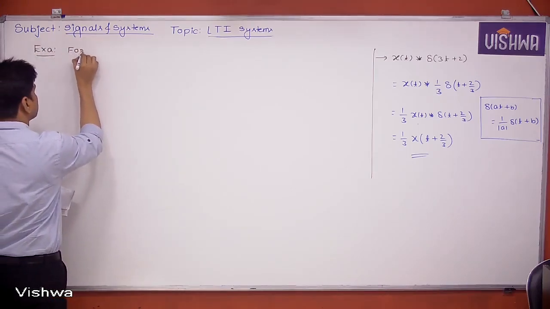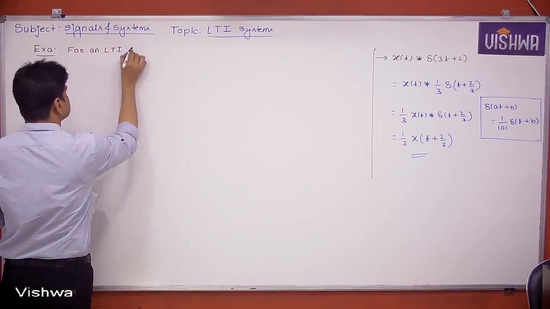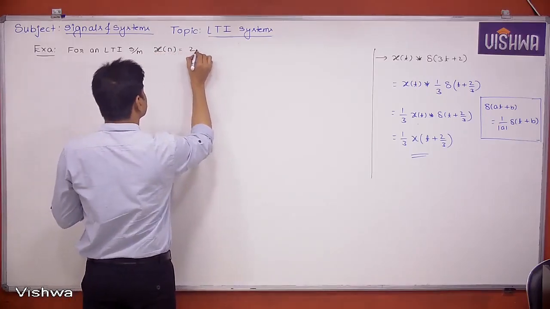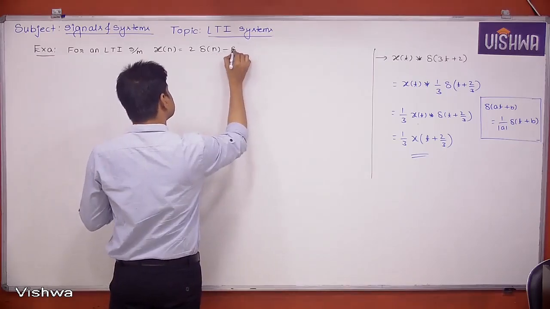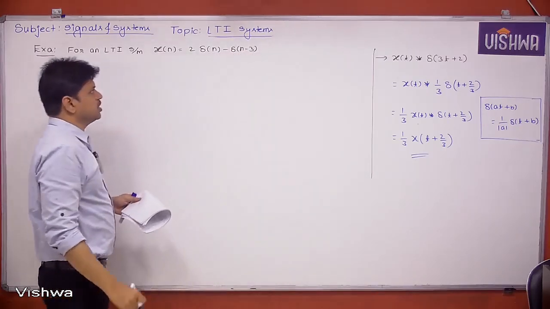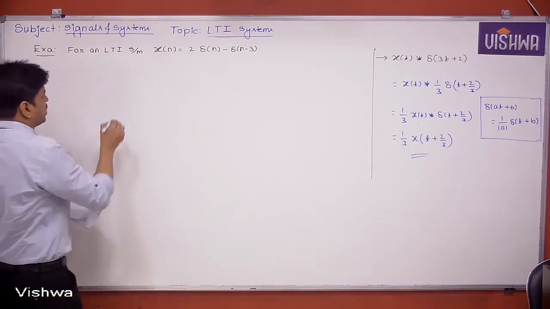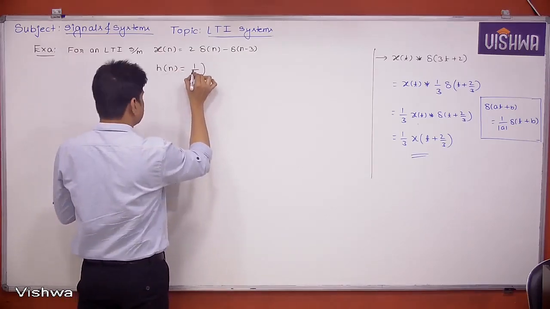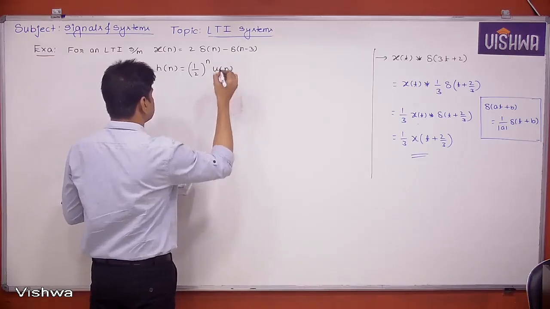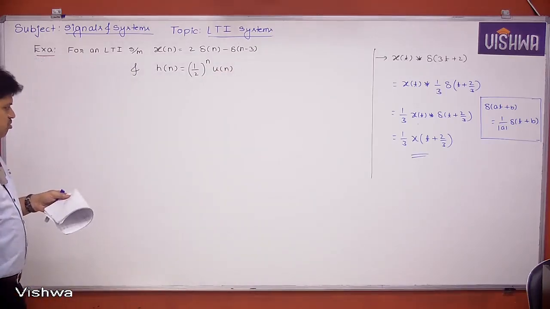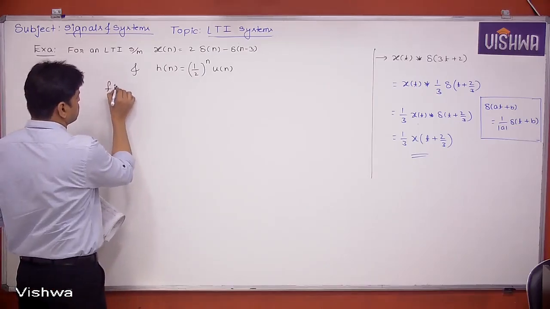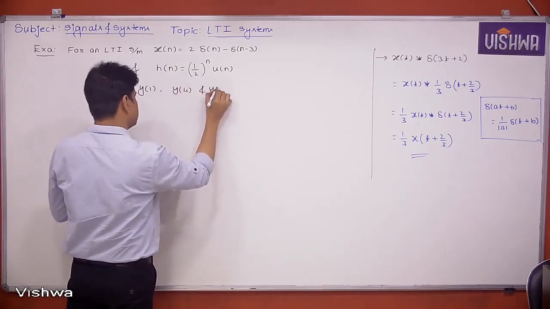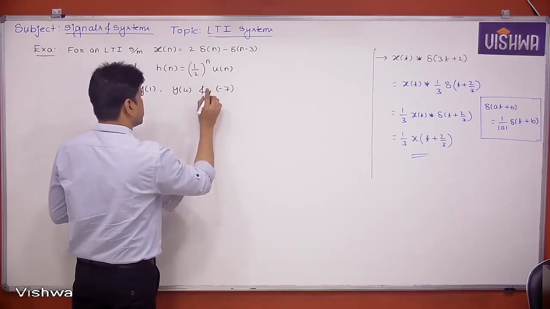For an LTI system, x[n] is equal to 2 delta[n] minus delta[n-3], and h[n] is equal to (1/2)^n u[n]. Find y[1], y[4] and y[-7]. These values we have to calculate.